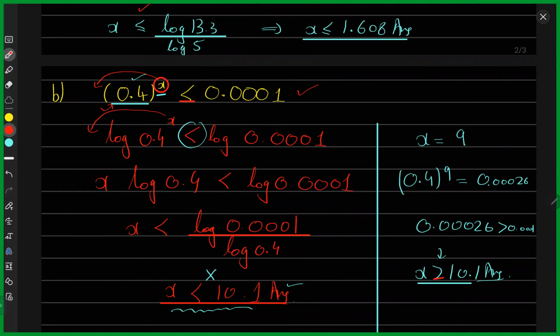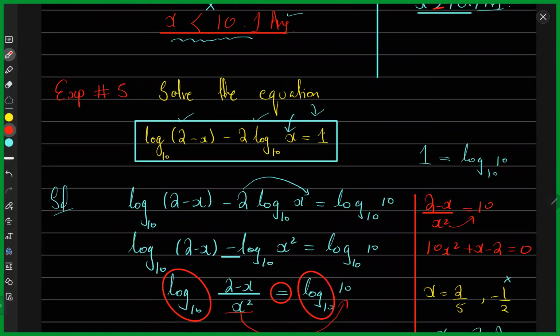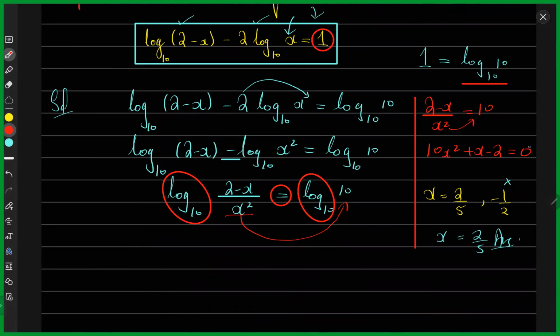Okay. And then for the last question, it was again easy. Every term had log except this one. And we know how to write down 1 as log. This is how we write down 1 as log. So we have just done that. And I got a quadratic equation out of it. And just by solving, I got 2 values. Negative values cannot be used for logs. So I ignored this value and this is going to be the only answer.